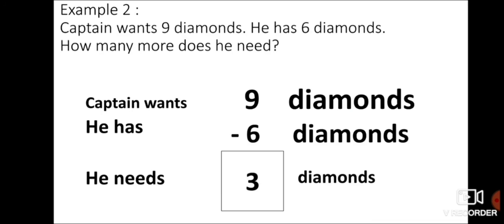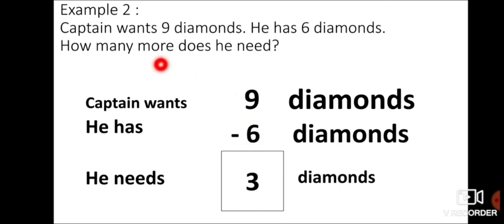Now here's another example. Captain wants 9 diamonds. He has 6 diamonds. How many more does he need? So here, what information are we getting? Captain wants 9 diamonds and he has 6 diamonds. So what do we have to find out?